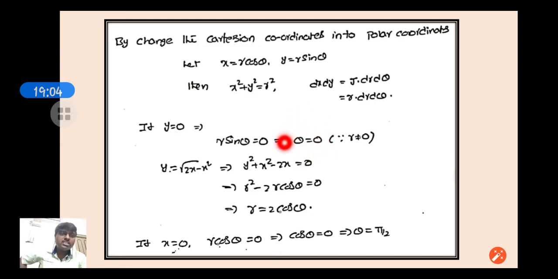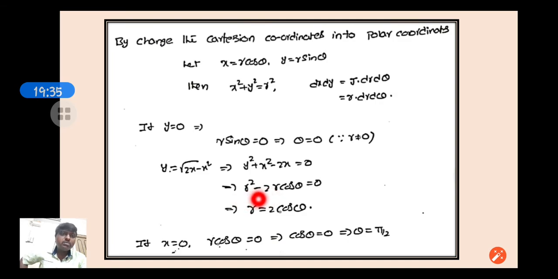So this is the first result we get from y equal to 0. The second one, y equal to root over 2x minus x square. By squaring on both sides, we get y square plus x square minus 2x equal to 0. We already know that x square plus y square is equal to r square. So in place of y square plus x square I write r square, minus 2 times, in place of x, r cos theta, equal to 0.